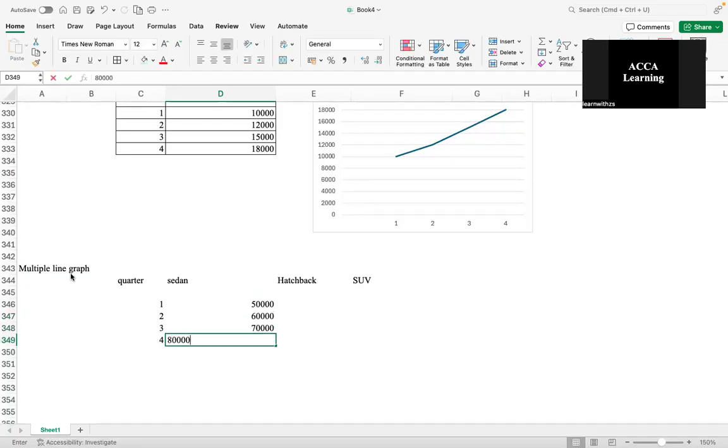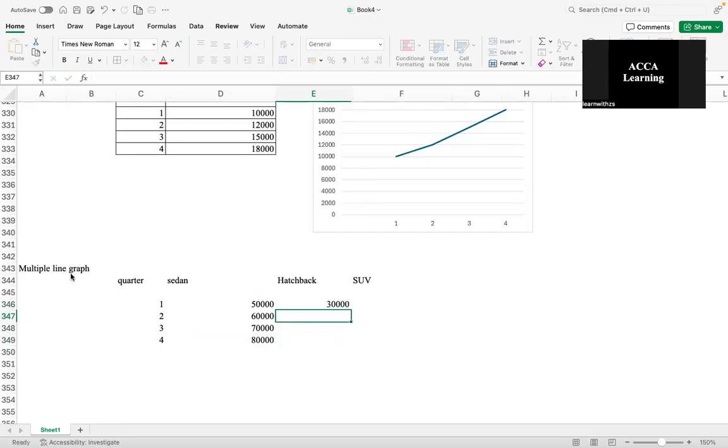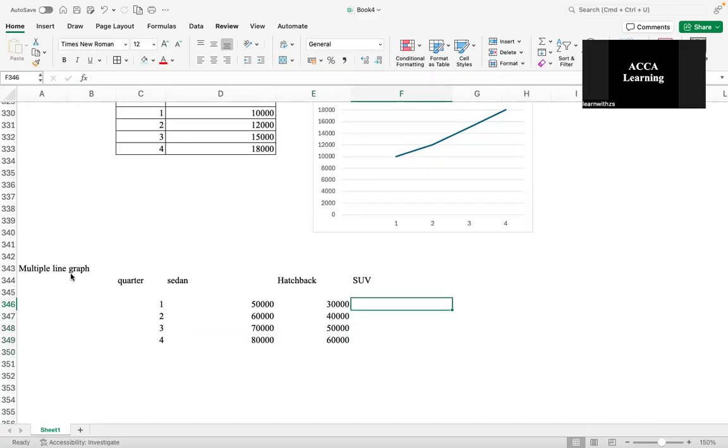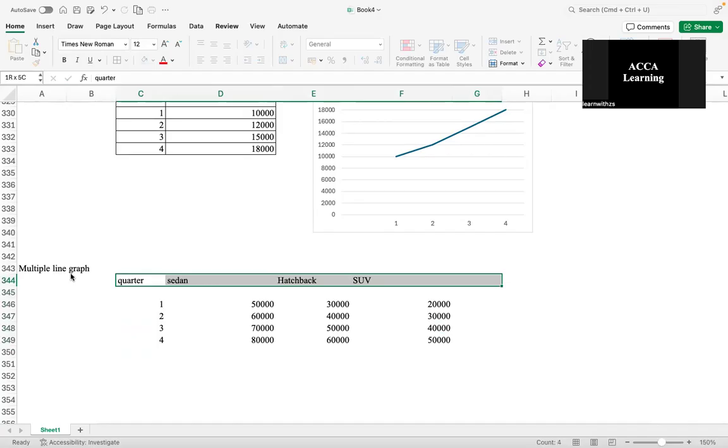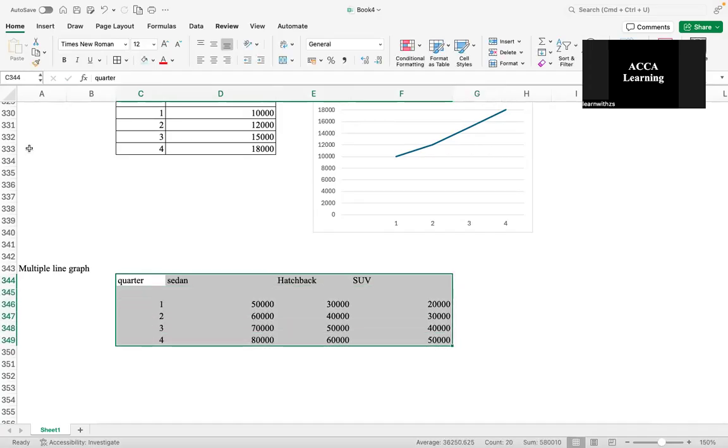We could put a 80,000. Then you have a hatchback as your 30,000. You have 40,000. Just any random amounts that I'm putting in so that your graph looks good. You could have 20,000, 30,000, 40,000, 50,000. Okay. Again, convert this into a proper table. Format this into a table.